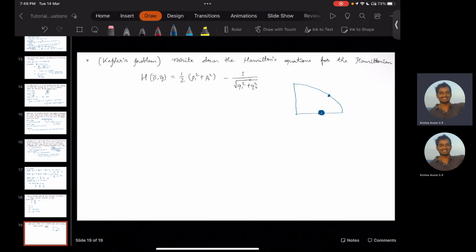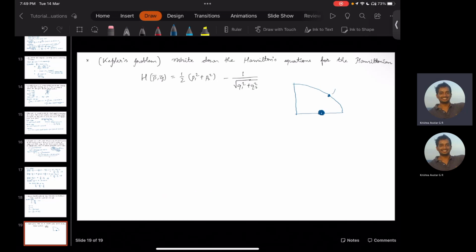We are just required to find the orbit, or the trajectory, of the motion of this body.